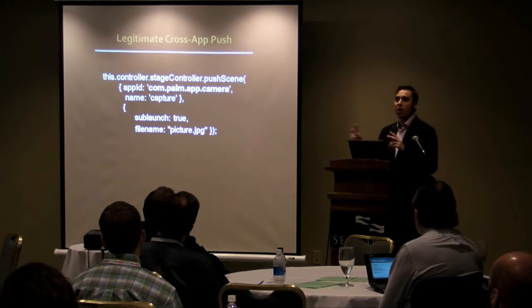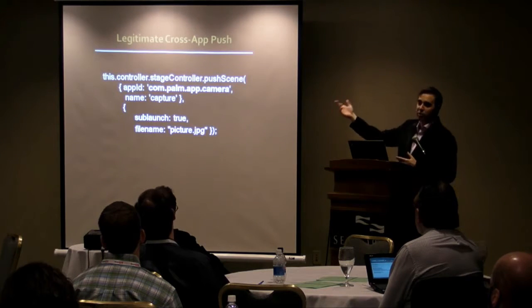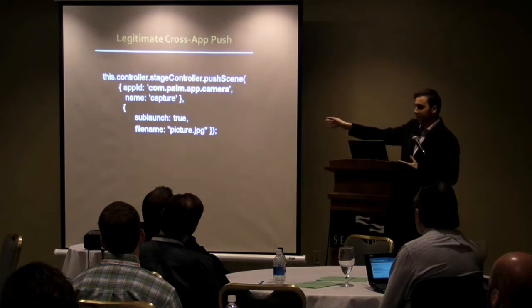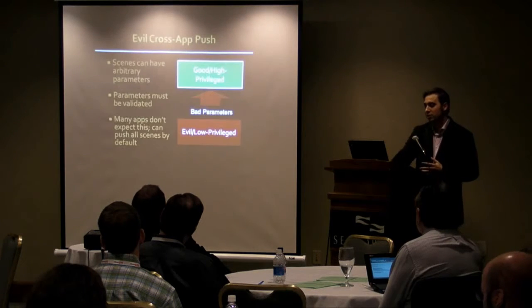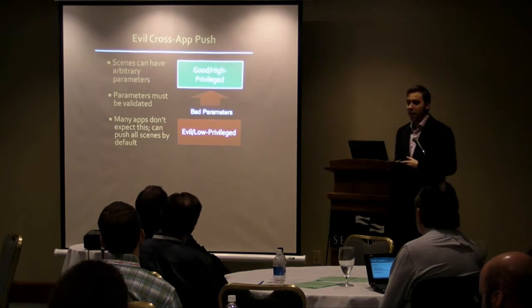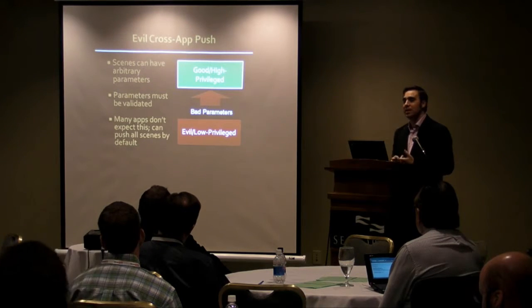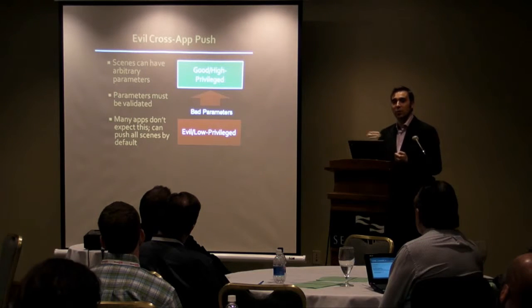So a legitimate cross-application push says, okay, push the scene from com.palm.app.camera, push the capture scene, and then pass some parameters to it. So once again, we could have parameter validation issues because the scenes could have arbitrary parameters. Some apps or some scenes aren't written in such a way that they expect to be invoked cross-application.